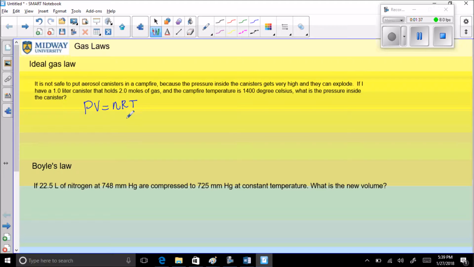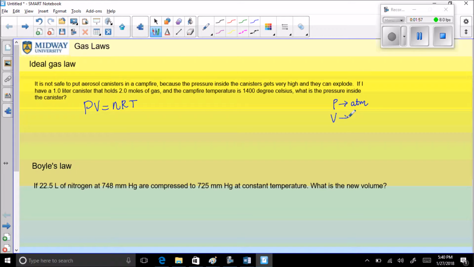Whenever you use the ideal gas law, you make sure that you adhere to the units that I've expressed. P must be expressed in ATM, but in this question you're asked to find P, which means when you're finished, you should only have ATM as the single unit left.